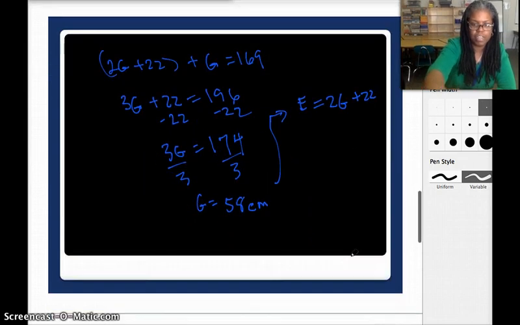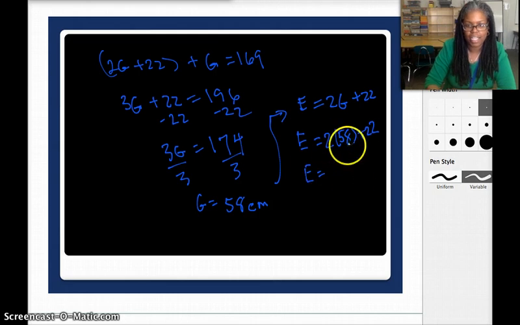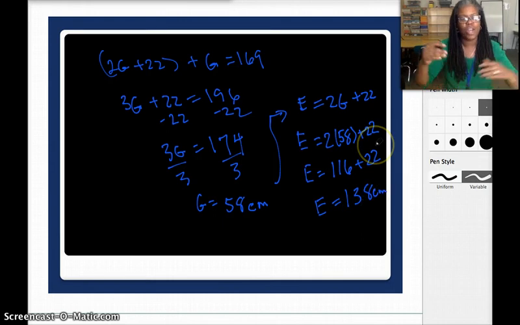Plugging in that G is equal to 58, 2 times 58 is 116, plus 22 is equal to 138. So 138 centimeters, and we're done.